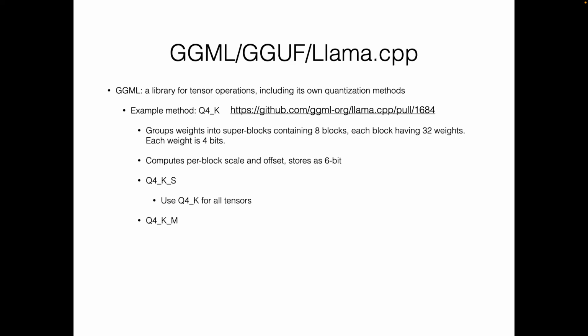Then you'll also see this Q4_K_M, and that means you use this Q6_K, this is a typo. You use 6-bit for half of certain layers in the network, and you use this Q4 for the rest.